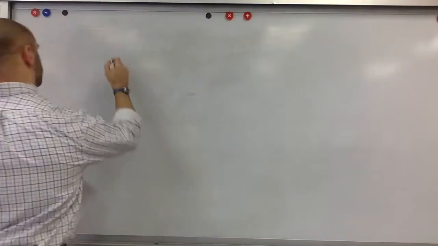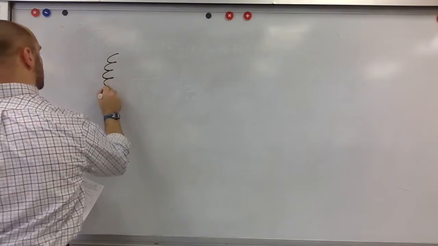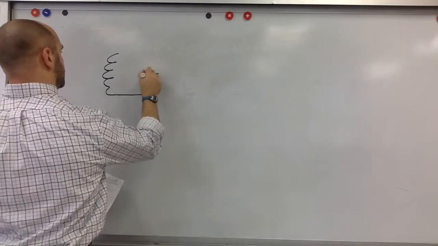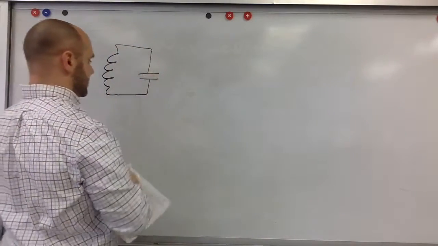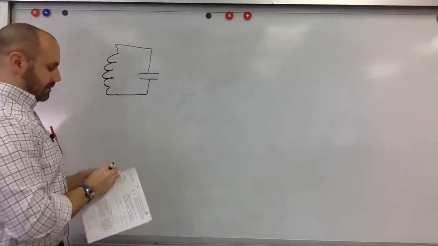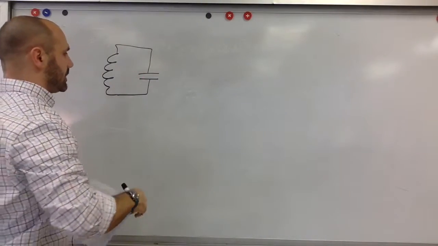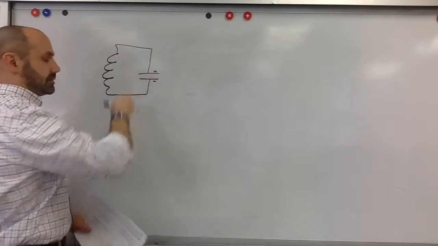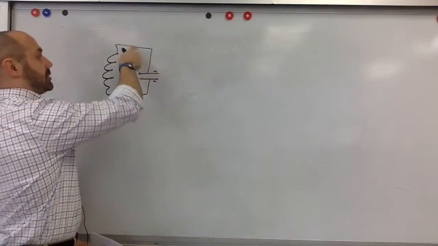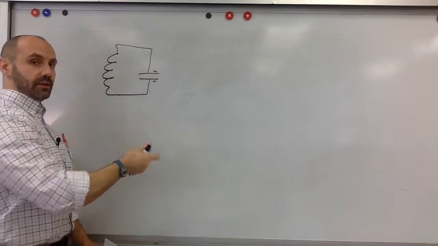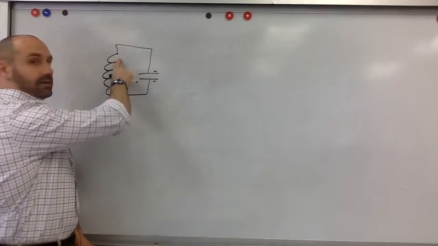So if I have some inductor in series with a capacitor, say I charge up this capacitor, and then I connect it to the inductor and release it from the battery, what's going to happen? This thing is going to want to discharge, and so it's going to create a current. When it creates a current, that's going to create a magnetic field in here.